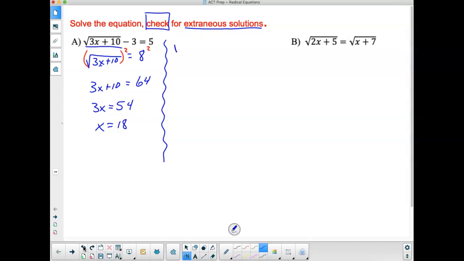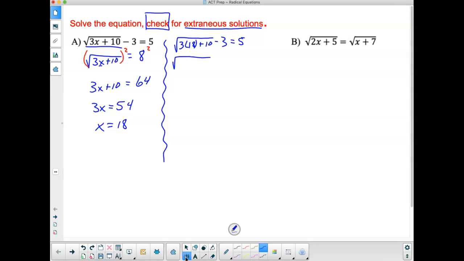Which really isn't that bad. If I take the square root of 3 times 18 plus 10, I just plug into the original equation, and minus 3, does that equal 5? Well, the square root here, what do I get?